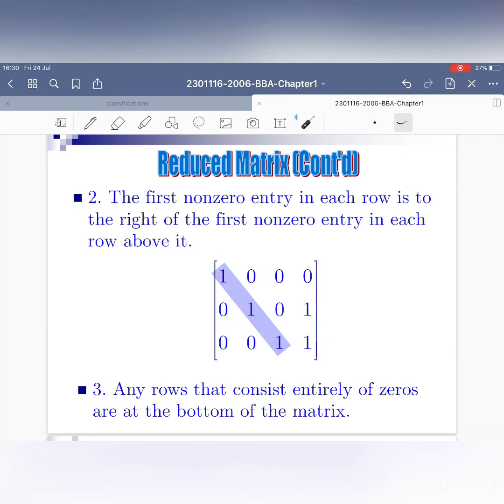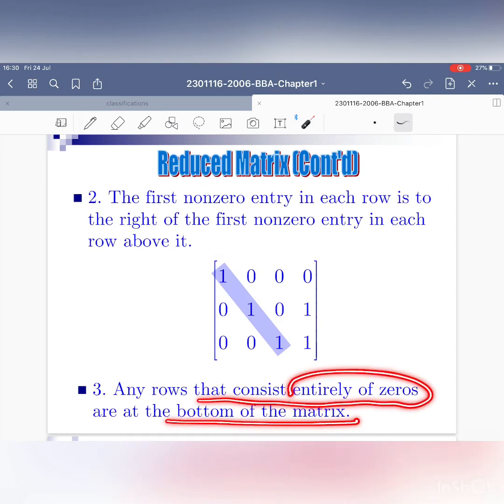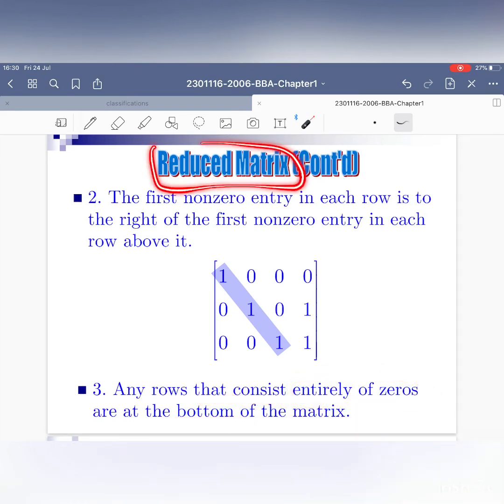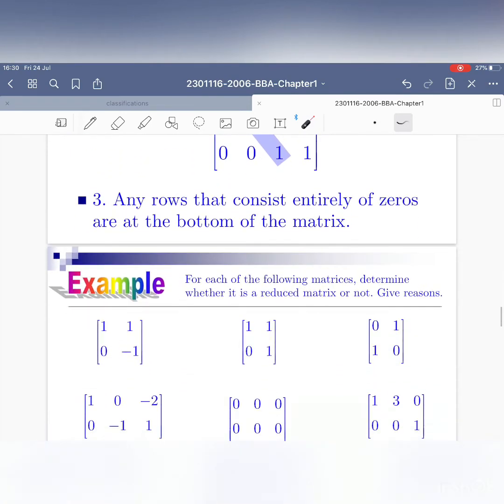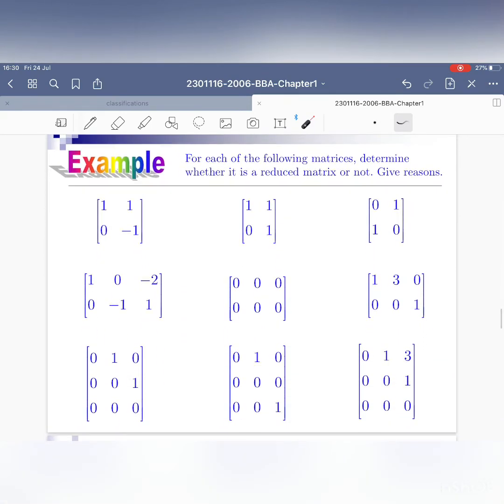And sometimes you may see that it looks like a step matrix like this. So it's going to have something like a step. And any row that consists of entirely 0 must be at the bottom of the matrix. So you have 3 conditions in order to be a reduced matrix. So let's see whether this one is reduced or not. Look at the first one.